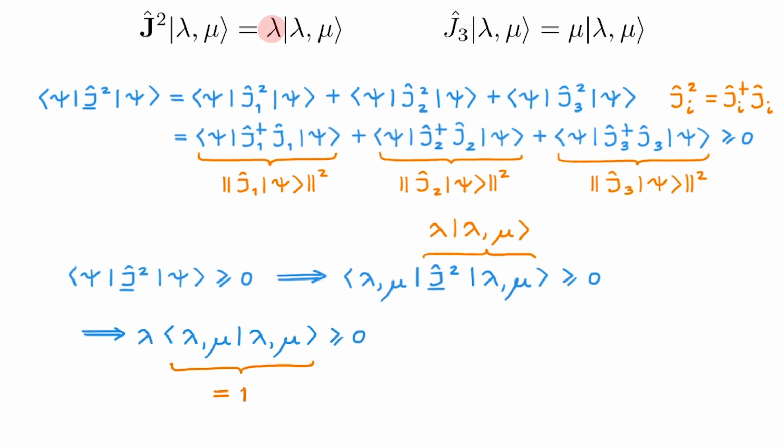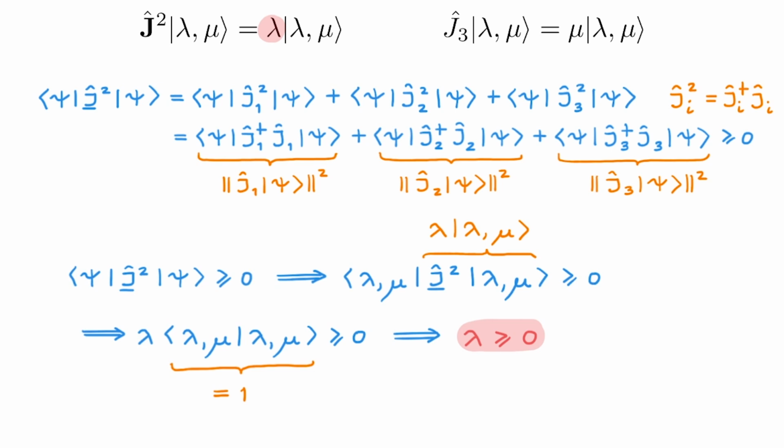This bracket is simply 1. So in conclusion, lambda must be larger than or equal to 0. Okay, so this is our first constraint on the angular momentum eigenvalues. All eigenvalues of j squared are positive numbers or 0.